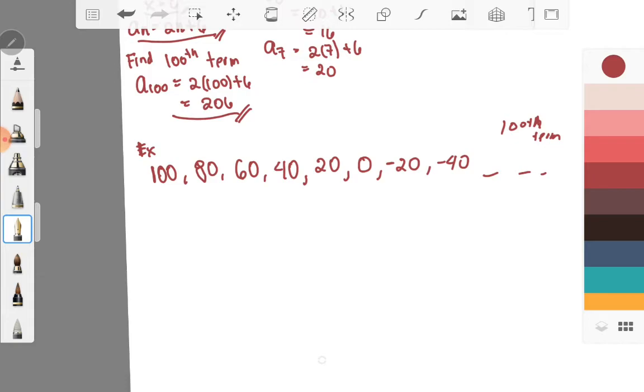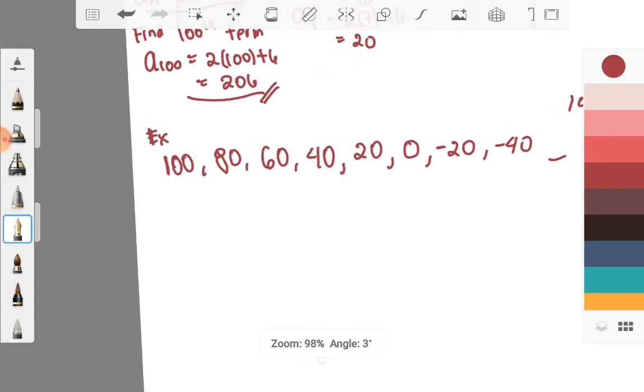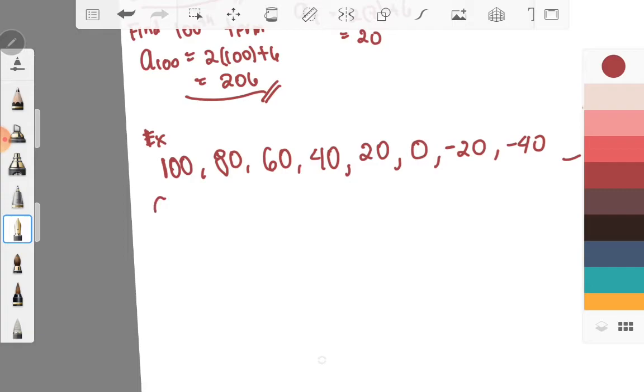Tulad ng dati, di ba? Apply our formula, which is an = d multiplied by n plus or minus our x. So what is our d? Take note that our d is equal to 80 minus 100, which is negative 20.